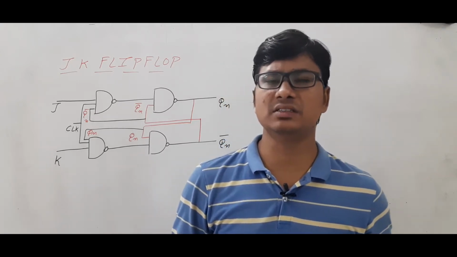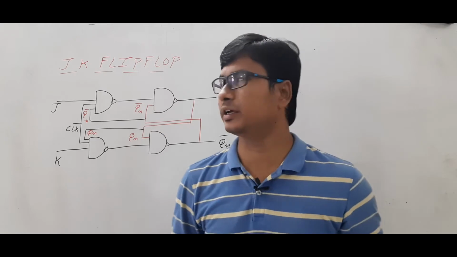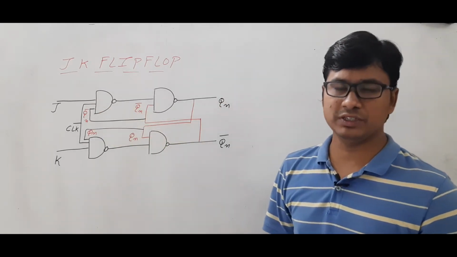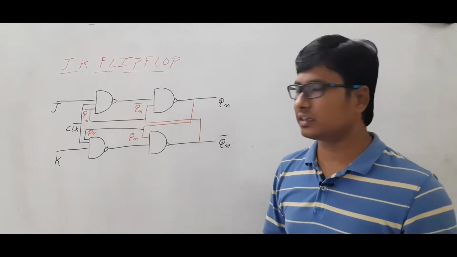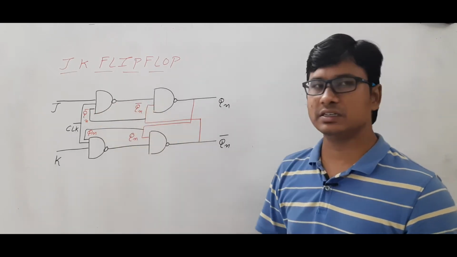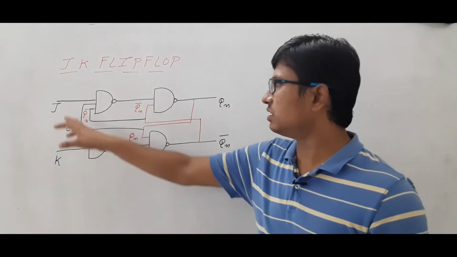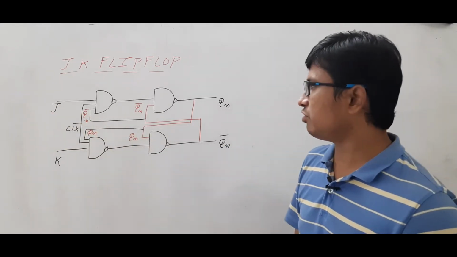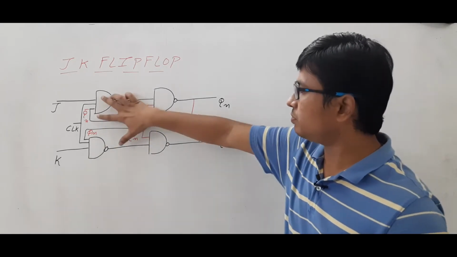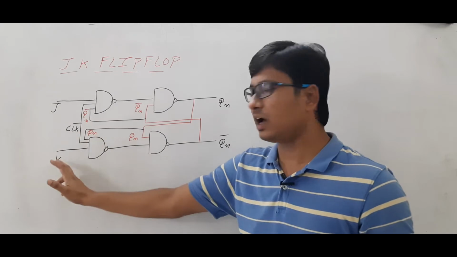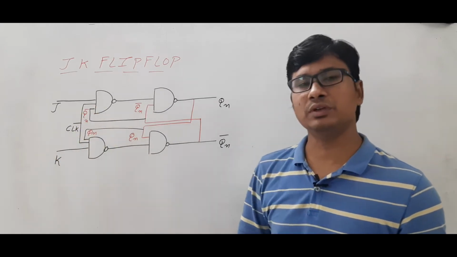First, let me discuss the JK flip-flop circuit diagram. I have designed the JK flip-flop using NAND gates. I hope these 4 gates look like NAND gates. If you see the difference between the SR flip-flop and the JK flip-flop, in the SR flip-flop, these 2 NAND gates have only 2 inputs: S or R, and the clock.